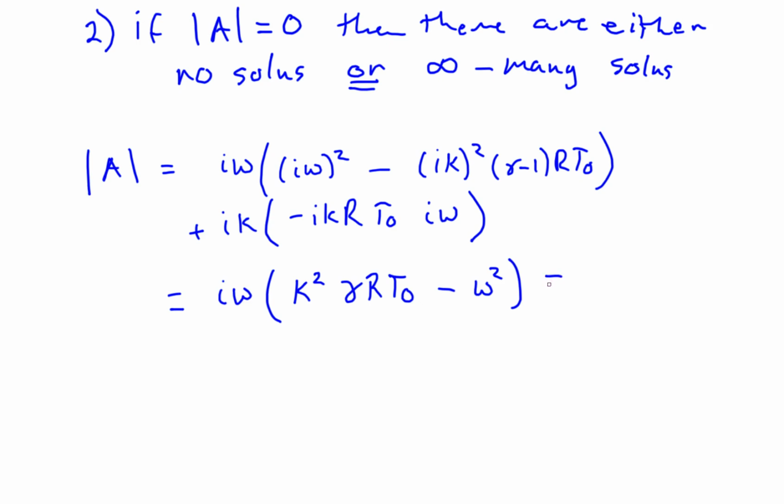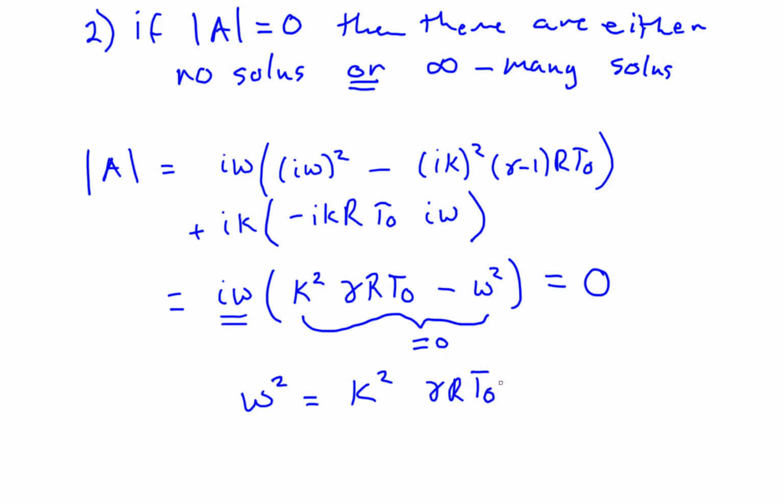And this is equal to 0 if we have solutions to our waves. Now, if i omega is 0, then again we have no waves, and that's boring. So the middle part must be 0 all by itself. And what that means is that omega squared is equal to k squared times gamma R T0.